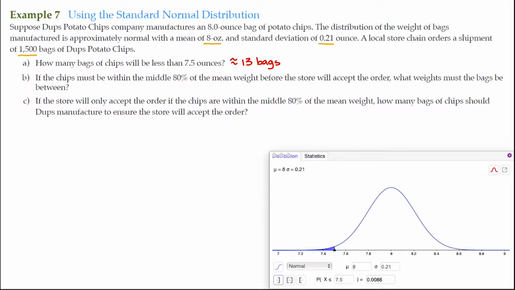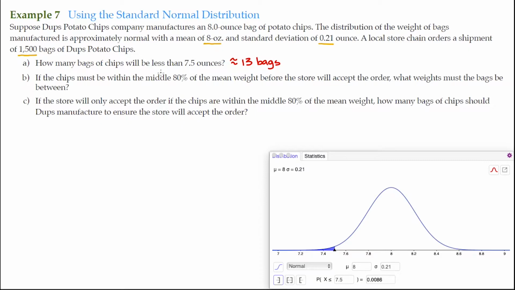So for letter B, if the chips must be within the middle 80% of the mean weight before the store will accept the order, what weights must the bags be between? So when this store chain orders the 1,500 bags, all of those bags have to be within 80% of the mean weight.